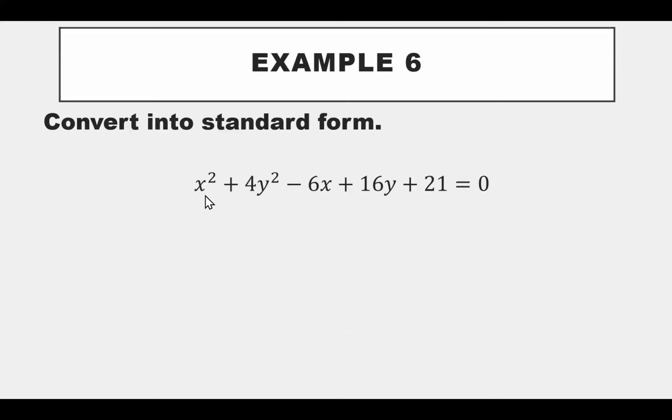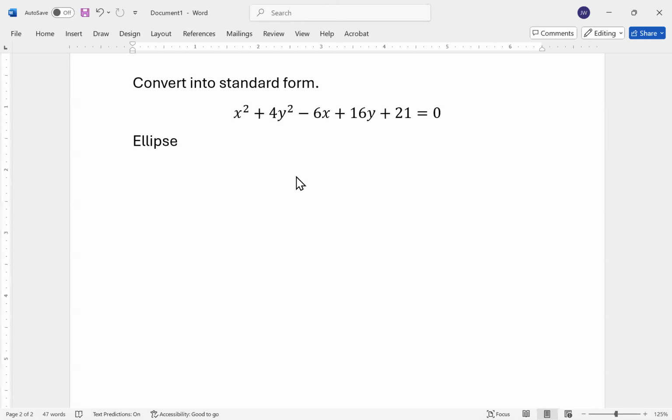Let's convert this into standard form. I'll show you how to do that. This is one of the ones we identified in example 4. We identified this as an ellipse, and now we're going to put that ellipse in standard form.